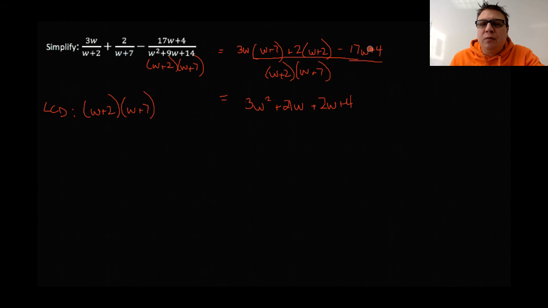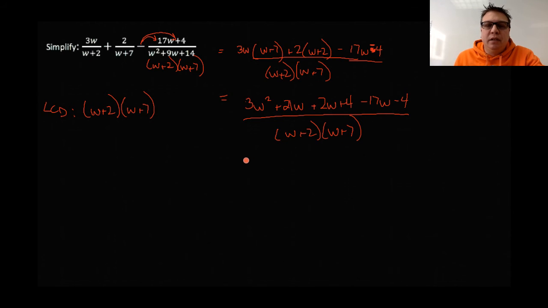Hopefully you caught that as I was doing it, but that should be minus. Because that negative has to be distributed to both, this needs to be minus. So now I've got minus 17w minus 4. All of that is divided by w plus 2, w plus 7.